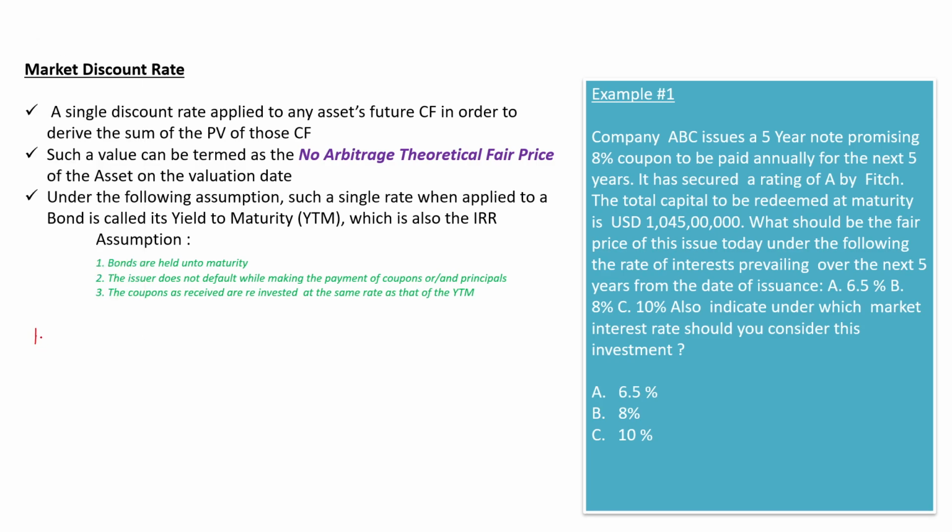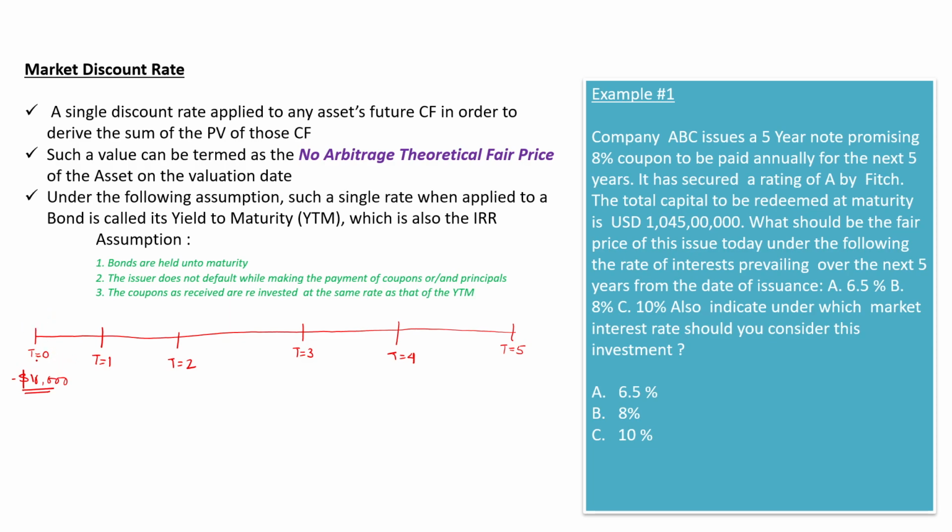First, we draw the 5-year timeline. Suppose the issue is floated today, t equals 0, and this is t equals 5. Since it pays coupon annually, one is entitled to 5 coupons. Now suppose you have invested $10,000 of your capital today in this issue size of 10.45 million.